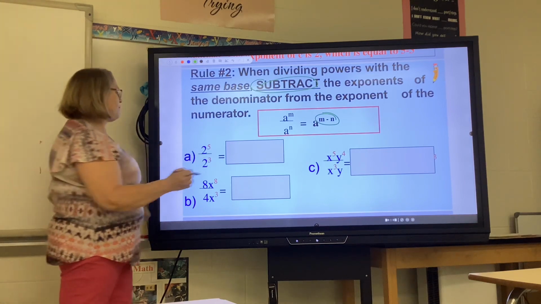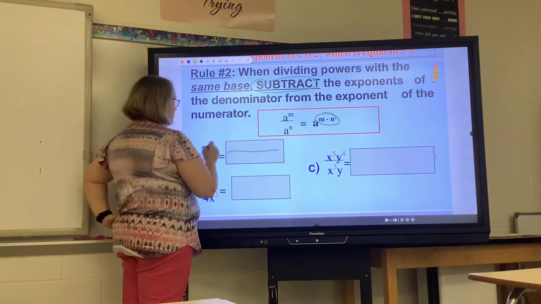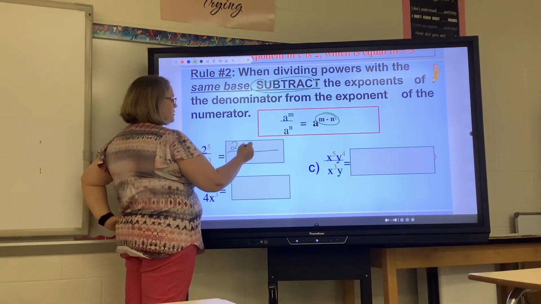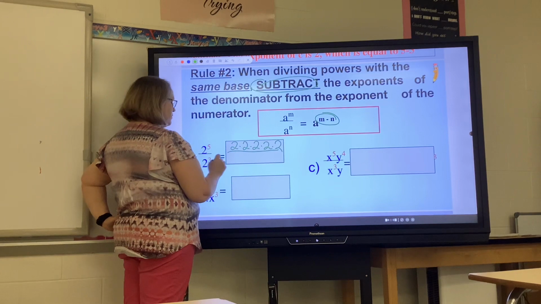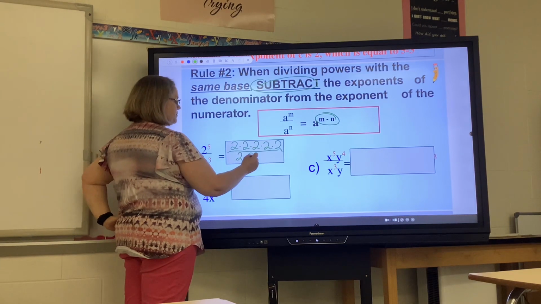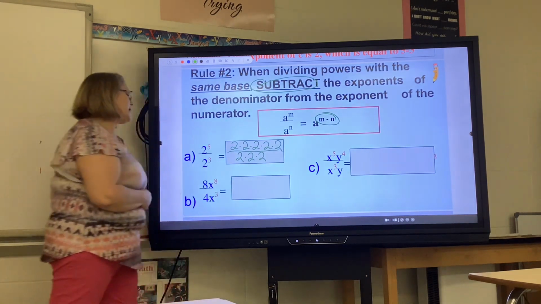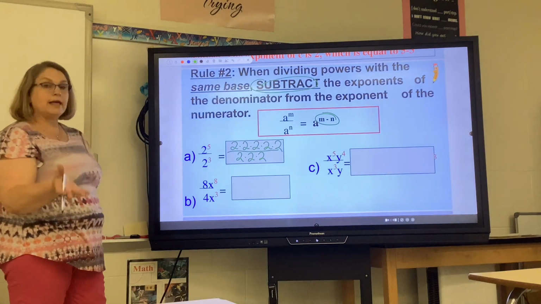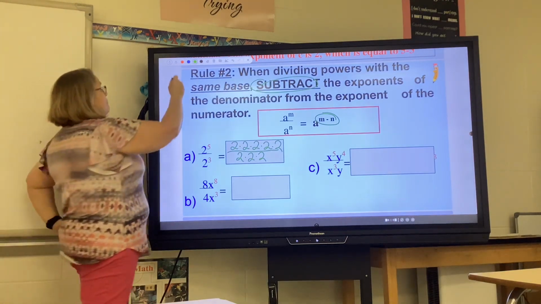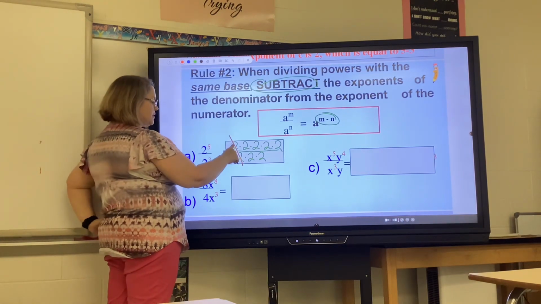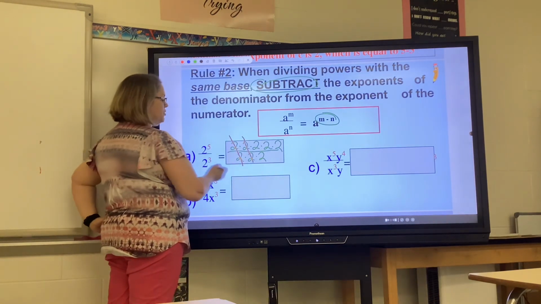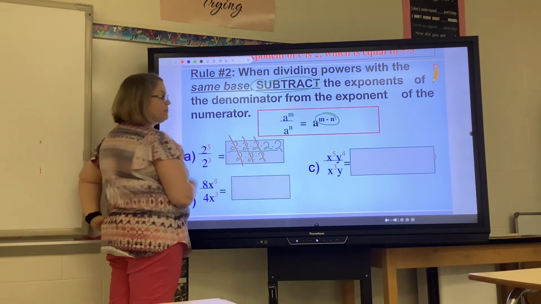So on top, I have 2 to the 5th power, which is 2 times 2 times 2 times 2 times 2. On the bottom, 2 to the 3rd power, 2 multiplied 3 times. Same thing top, same thing bottom. I'm going to cross out and become 1. So 2 divided by 2 is 1, 2 divided by 2 is 1, 2 divided by 2 is 1.